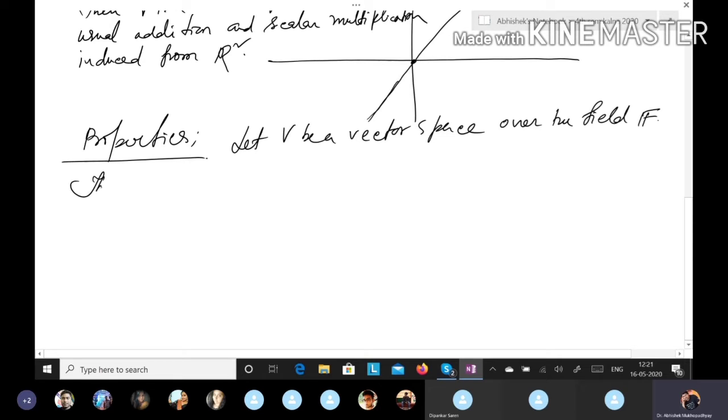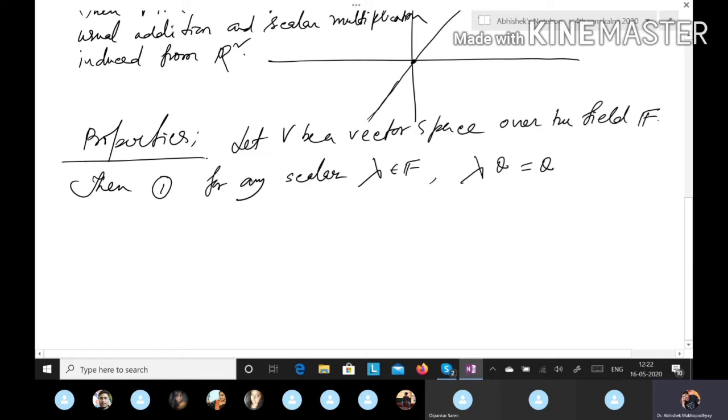Then we have, first one, for any scalar lambda belonging to the field F, lambda theta must be theta, where theta is the zero vector.